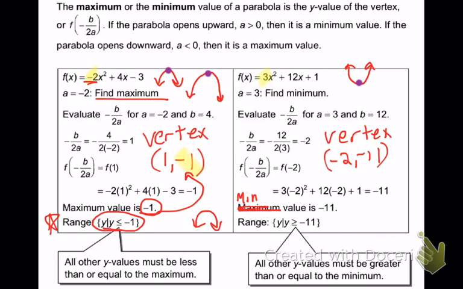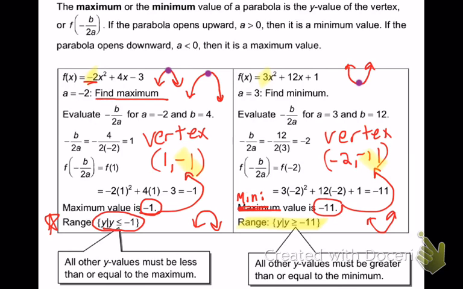The minimum value is located where that y-coordinate is. Now because my graph is going up, instead of y is less than or equal to, now I'm going to have y is greater than or equal to. Because my graph's going up, I'm taking all the values that are larger than that value, because it's a minimum value.